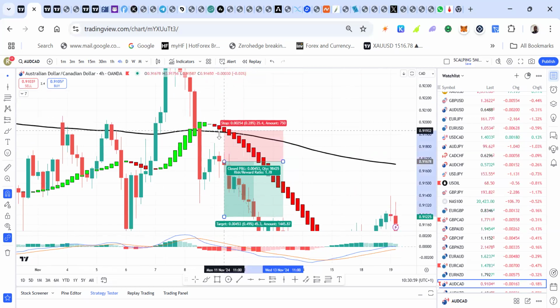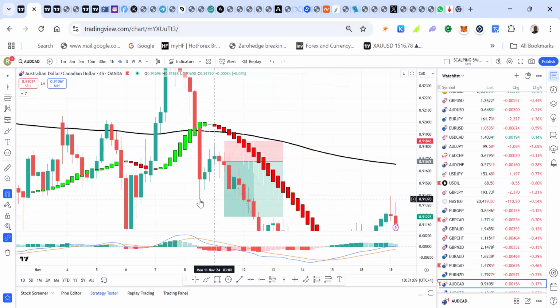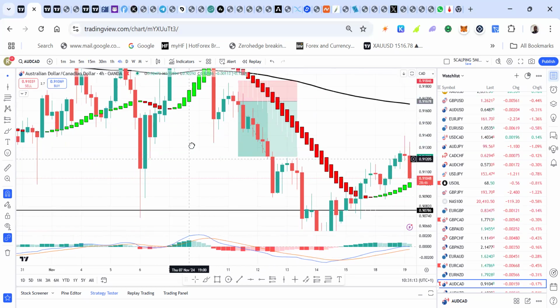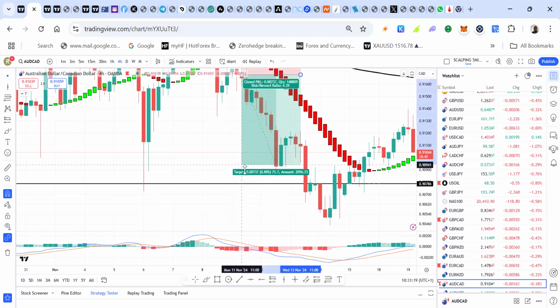But that notwithstanding, this is where your stop loss should be. Your stop loss is a little above this last green candle. Then your take profit, you want to look at the previous low. So this is the previous low. You bring down here.